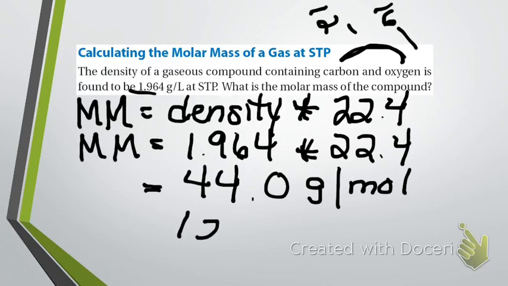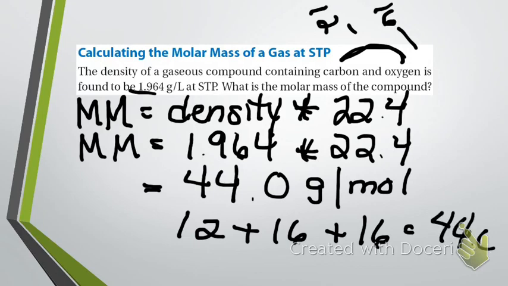So we have to have at least one of each. That brings us to 28. What if I add another oxygen? That brings us to a molar mass of 44. So our compound must be 1 carbon and 2 oxygens, which would be our friend carbon dioxide.